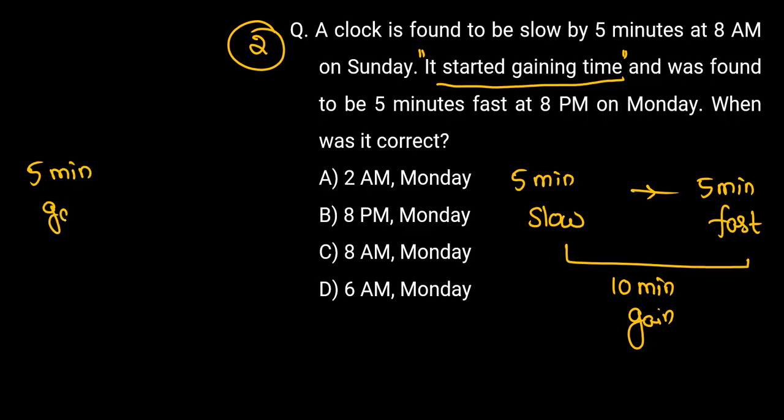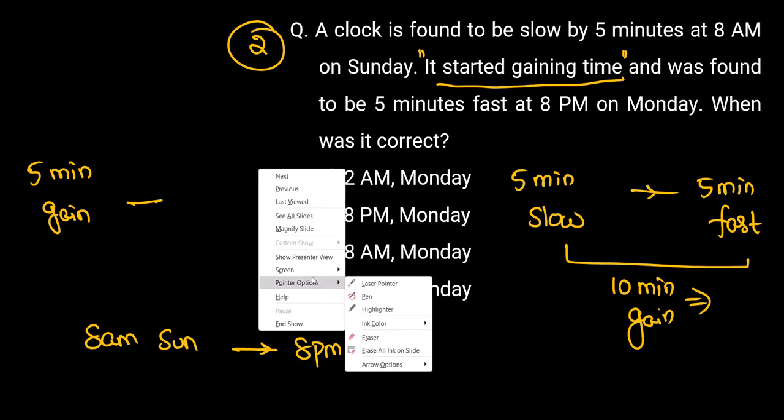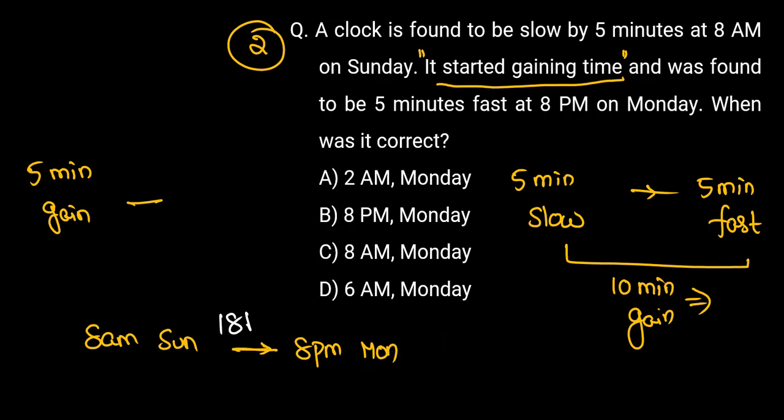For this 10 minutes gain, how much time? No, for 5 minutes gain, you can map it. 8 a.m. on Sunday to 8 p.m. on Monday. So 8 a.m. Sunday to 8 a.m. Monday is 24, plus 12, sorry, 36 hours.